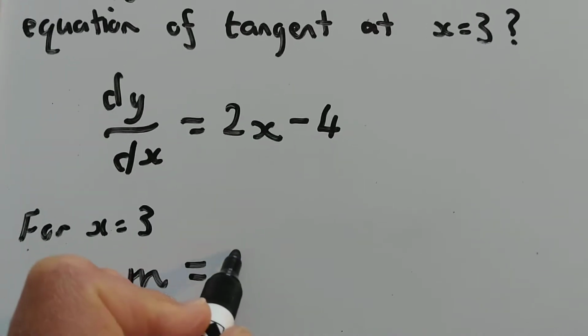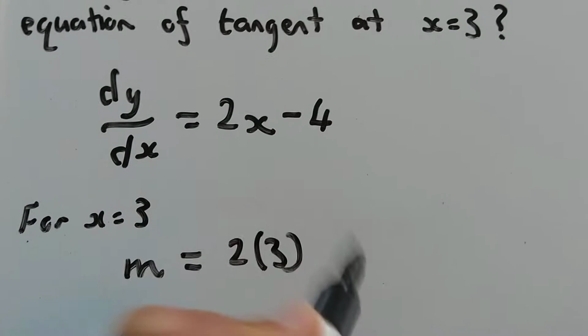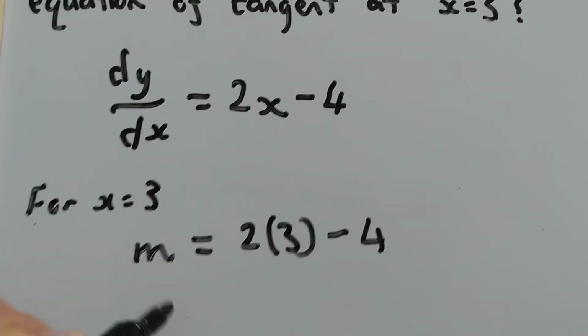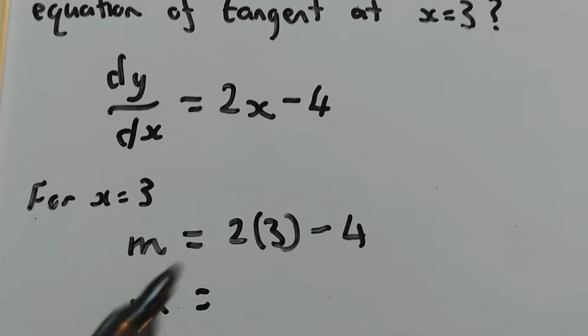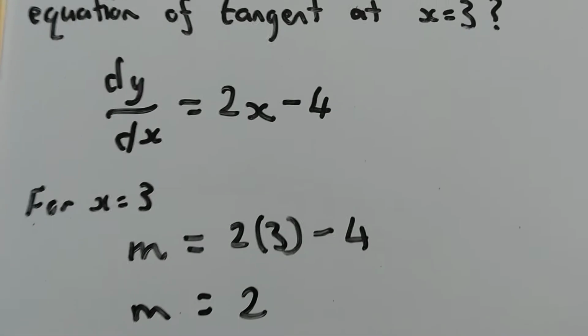X is 3, so that says 2 lots of 3. Substitute in for the x. Take away 4. Some people write 2 times 3, that's absolutely fine. So my gradient, on my line that I've got, 6 take away 4, my gradient is going to be 2.